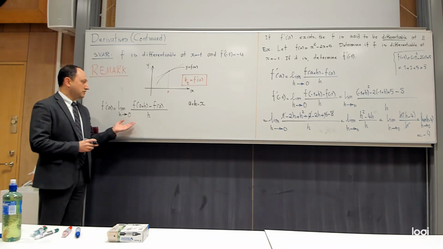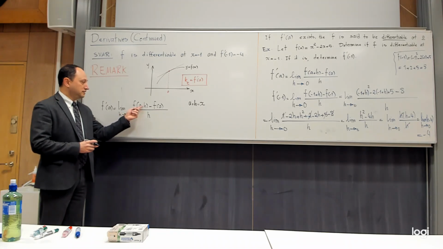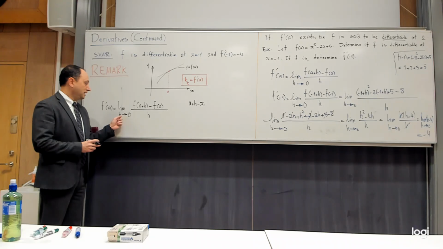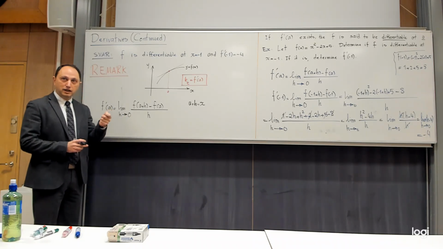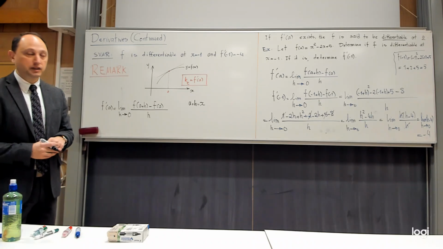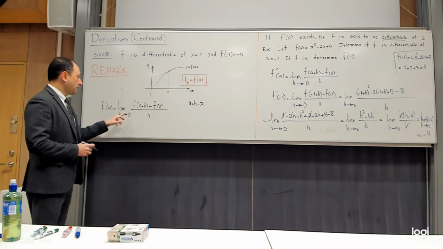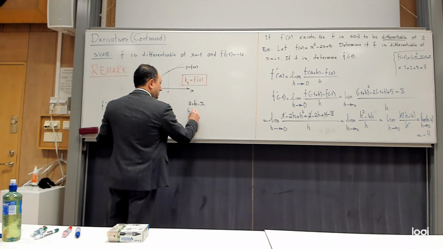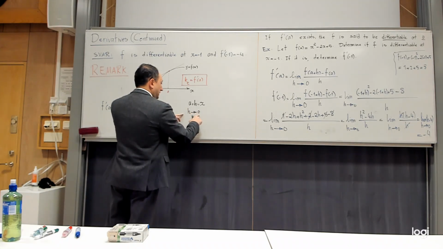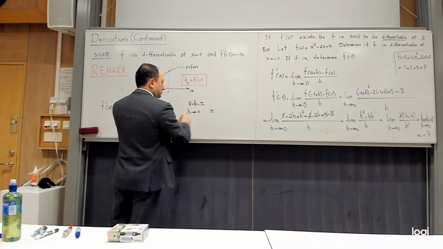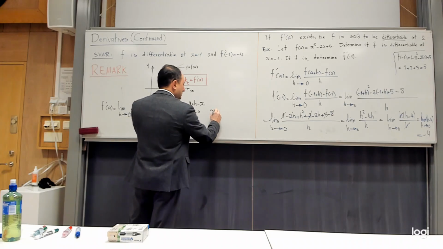Of course, I am using letters for both of them, but when it comes to this limit, I am sending h to 0. So I am changing h, but a is fixed. So a is fixed, h is changing. When h gets close to 0, what happens to this variable that I have defined? It gets close to what?